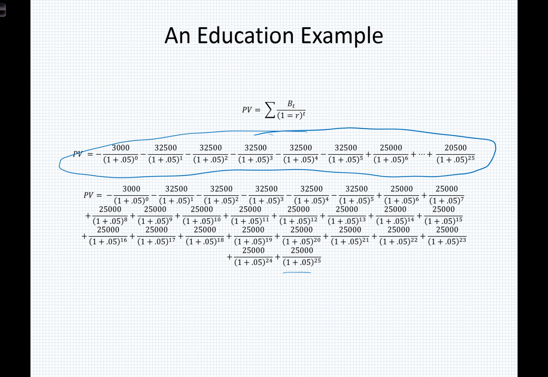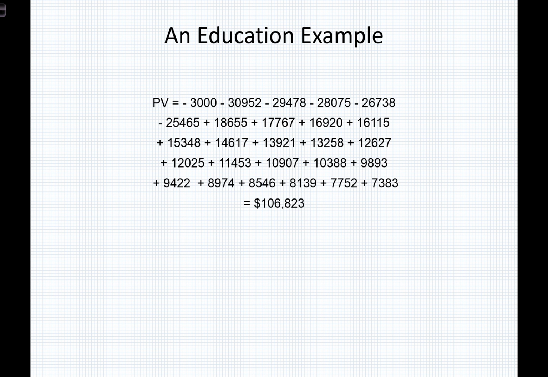Well, if you look at this, each one of these is simply a value that can be calculated with a simple calculator. And if we do that, we can go ahead and find that what we really have is a stream of values that are going to add up to $106,823. And when we've added up to that, we find that our present value is far greater than 0. We should go ahead and make the investment.